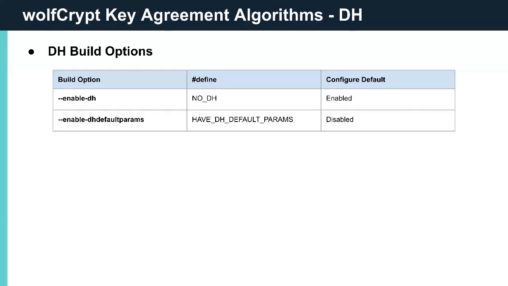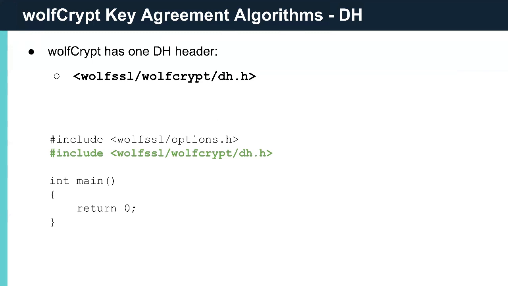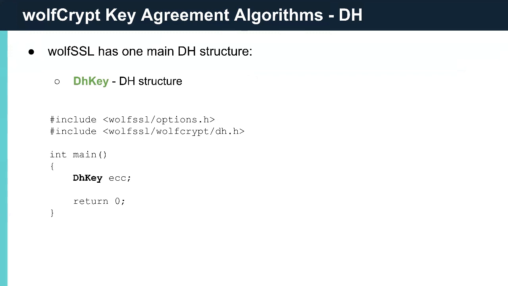For Diffie-Hellman, we have a couple enable options: enable DH and enable DH default params. We have enable DH enabled by default and the default params disabled by default. You'll include one header, dh.h, and one key structure called DhKey.